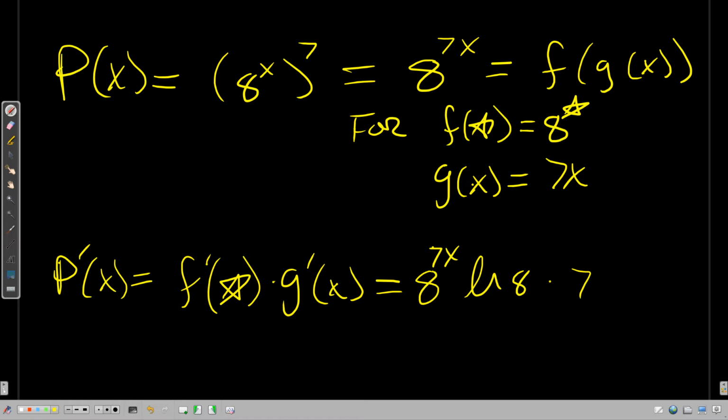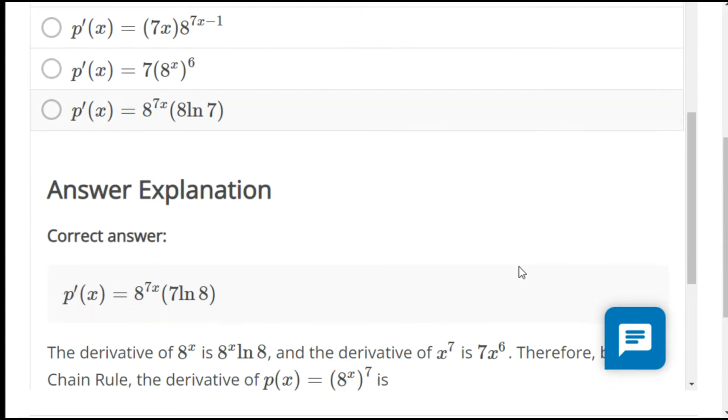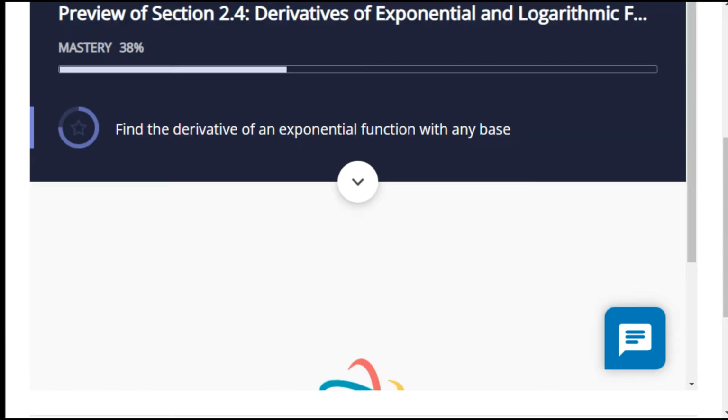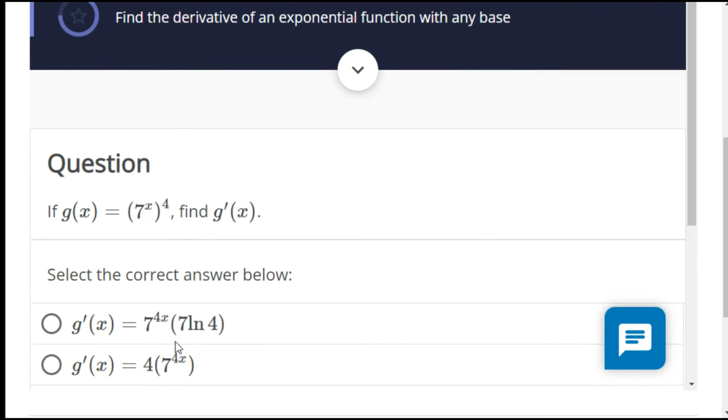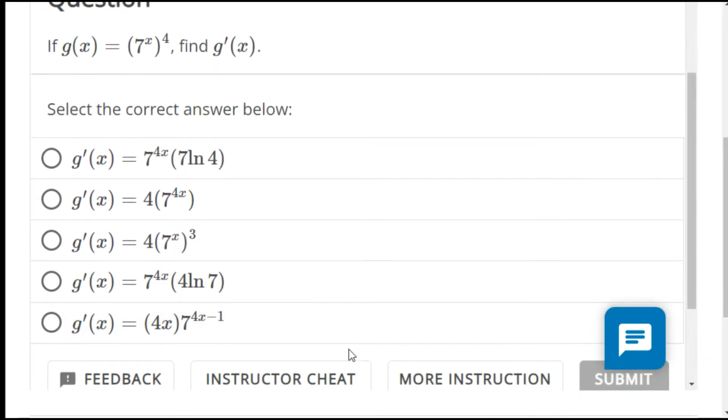Okay. Cool, these aren't so bad. Same thing here, it's the function 7 to the power of 4x. There's our answer.